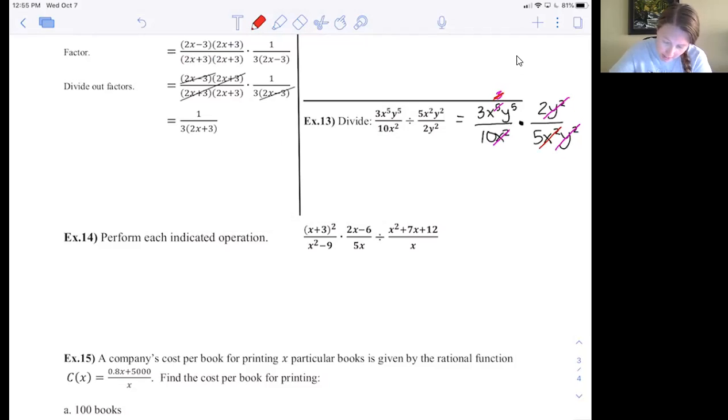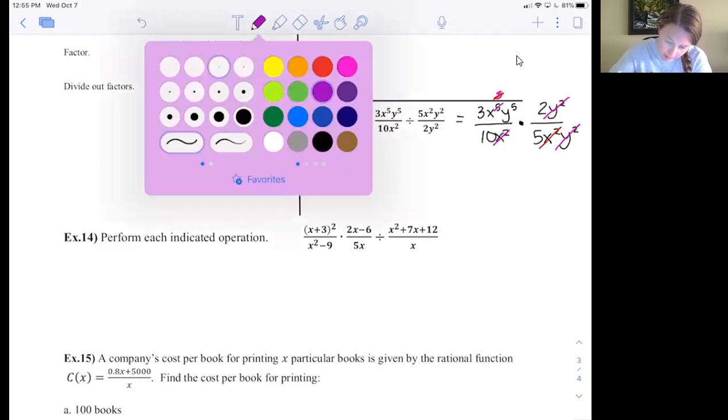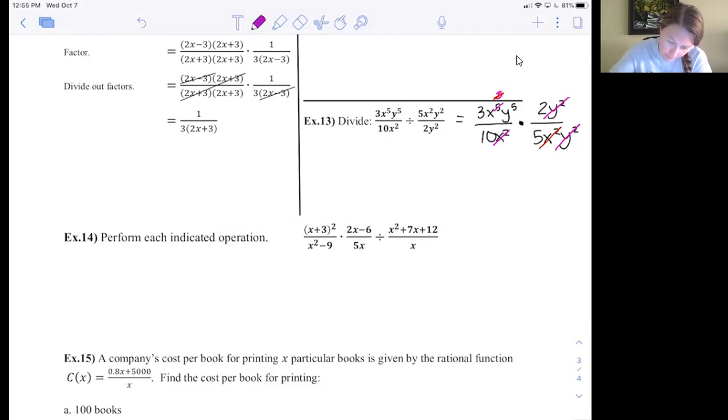And then I have a 10 down here, and I have a 2 up there. So I can take this 2 away, because this 10 down here I can rewrite as 2 times 5. So I'm just taking that 2 out, and I'm left with 5. So my final answer is going to be 3 because I didn't touch that. I just had 1x left.